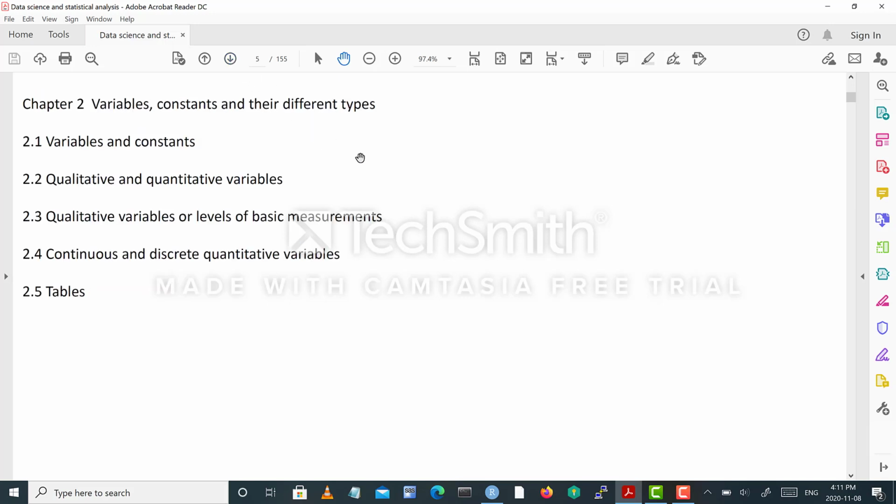Then we move on to definitions of variables and constants, qualitative and quantitative variables, qualitative variables or levels of basic measurements, continuous and discrete quantitative variables, and finally the definition of tables.